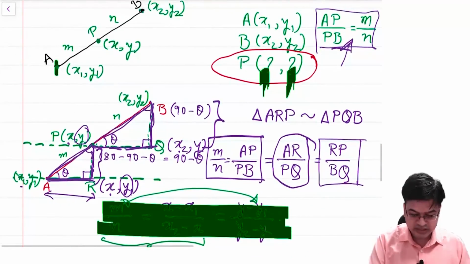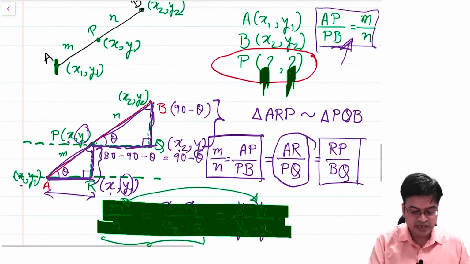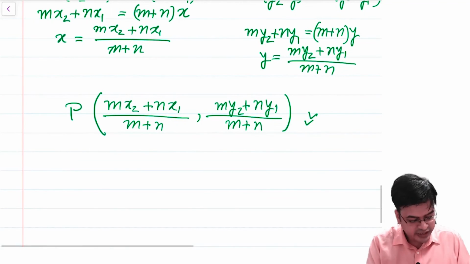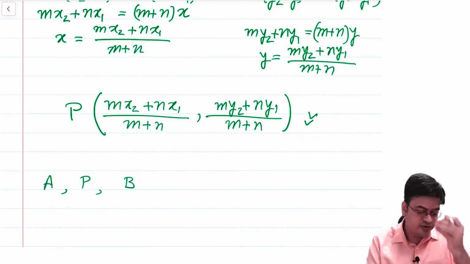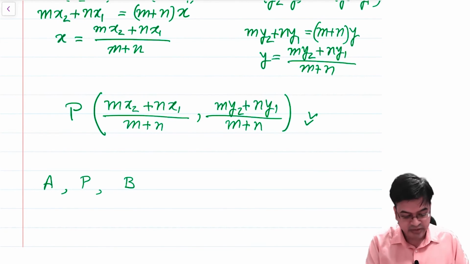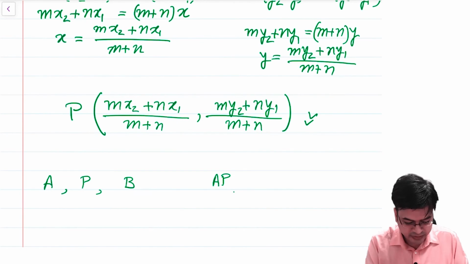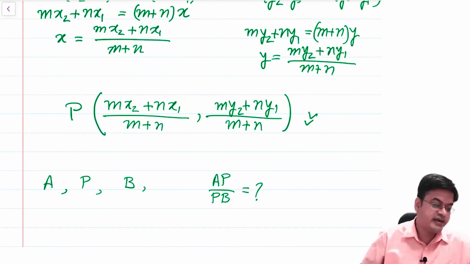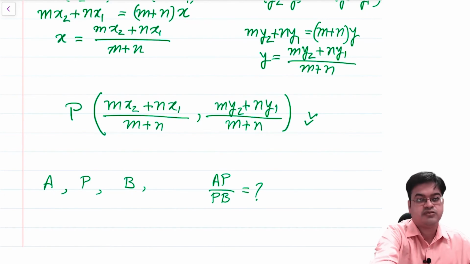Now the next question that comes is, sometimes you may be given all the coordinates of the points A, P and B, and you may be asked to determine what ratio is AP to PB. This also can be a question. So in that case, how to handle the question, that's what we will see now.